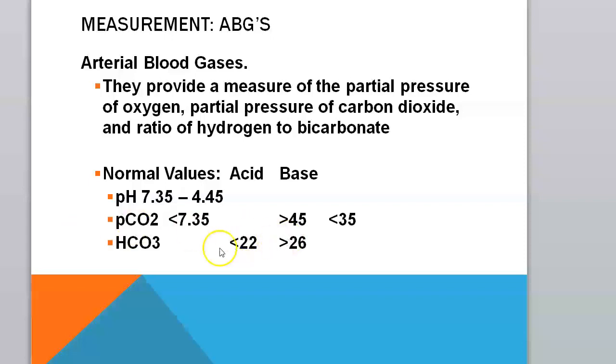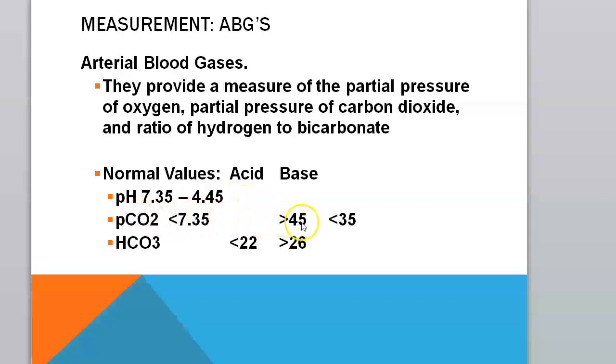That's what we use as our range for sodium bicarbonate. The pH normally in our arterial blood is 7.35 to 7.45. As you can see, there is a very narrow range, so anytime that pH is out of that range, we're having a serious problem within our patients.